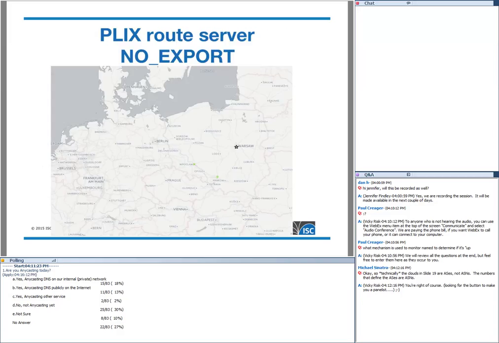So here's an example of an issue where the no export came into play in a different way. So at Internet exchange points, we peer with participants, and sometimes we peer with route servers.